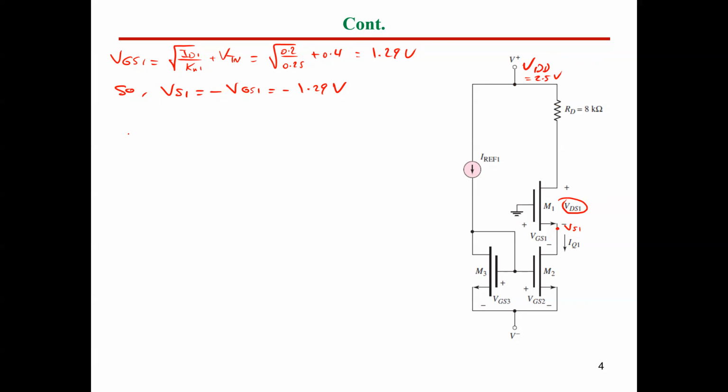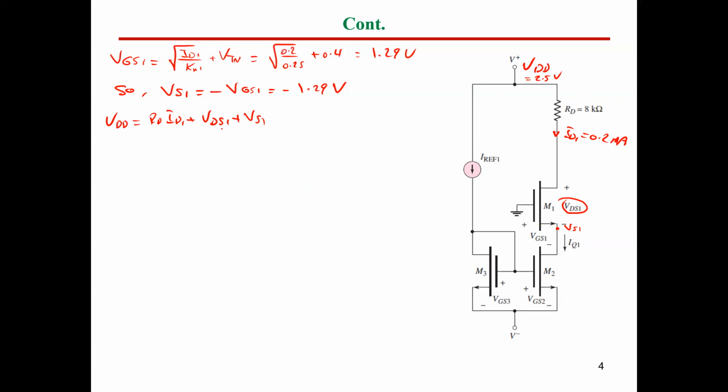Let's write the equation first. VDD equals RD times ID1, which is the current here, which we have calculated as 0.2 milliampere, plus VDS1, plus the voltage at this node, VS1.